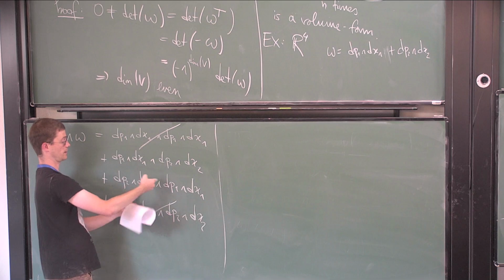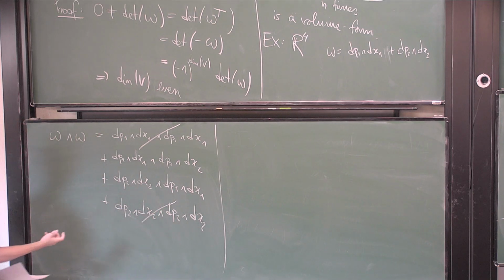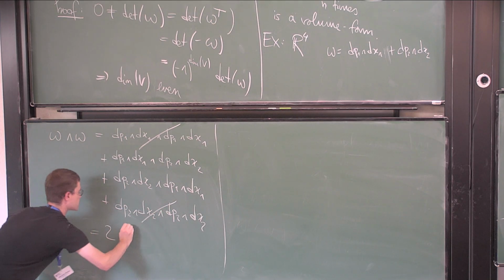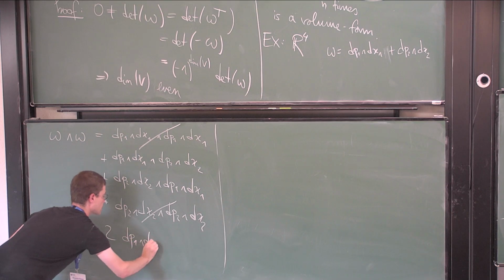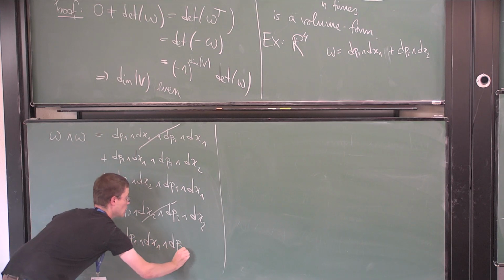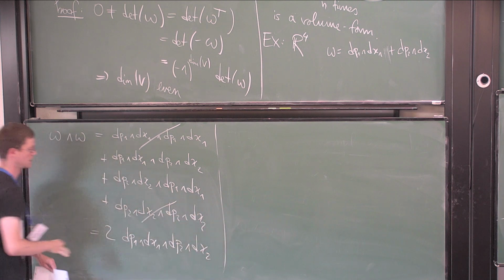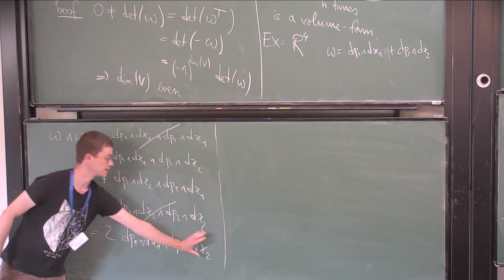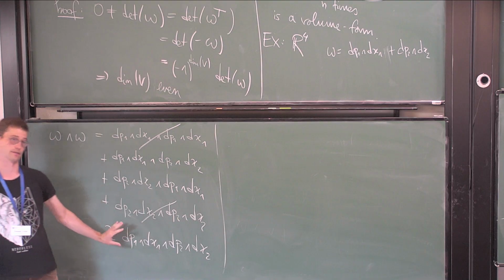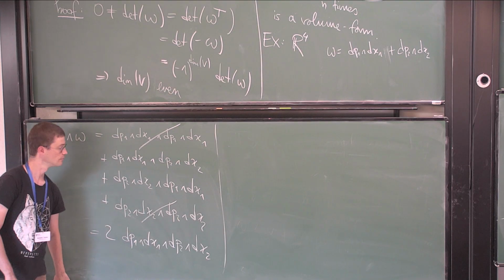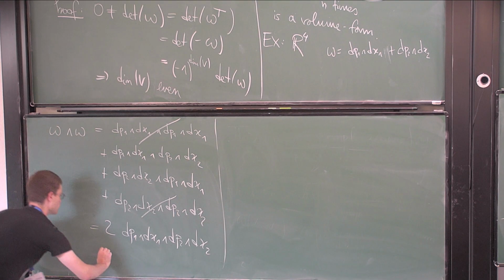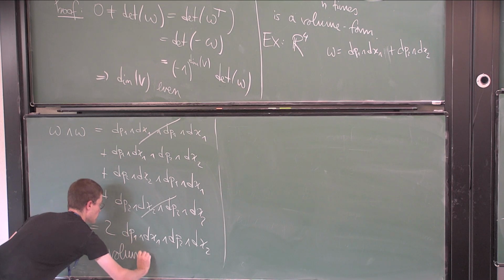In total I have 4 minus signs, so you get a plus sign. So this is actually twice dp1 wedge dx1 wedge dp2 wedge dx2. Taking the wedge product of all the coordinates is exactly the volume form. This is the volume form.